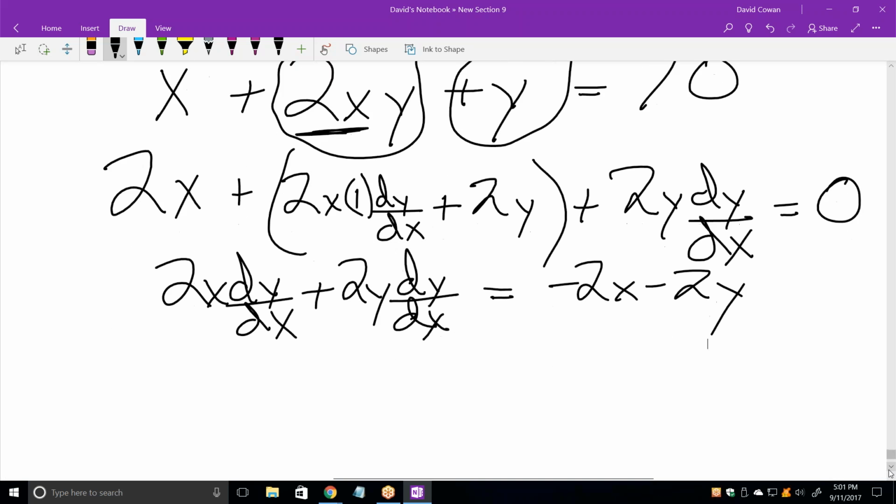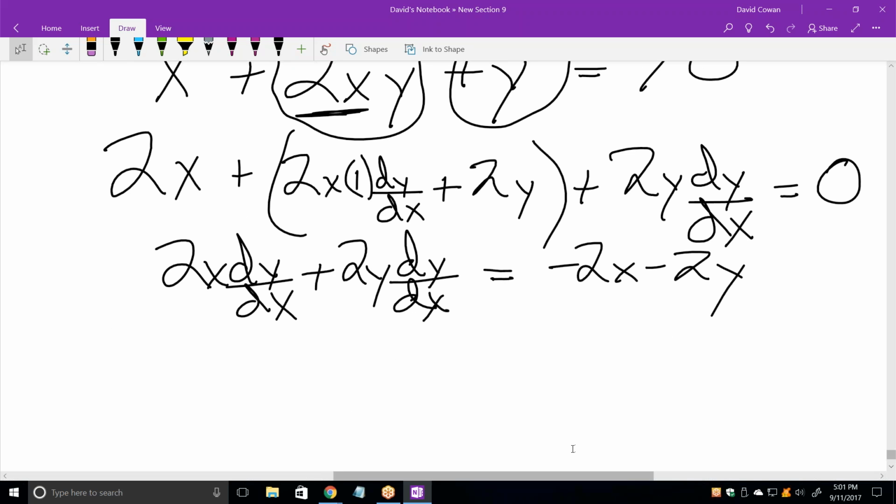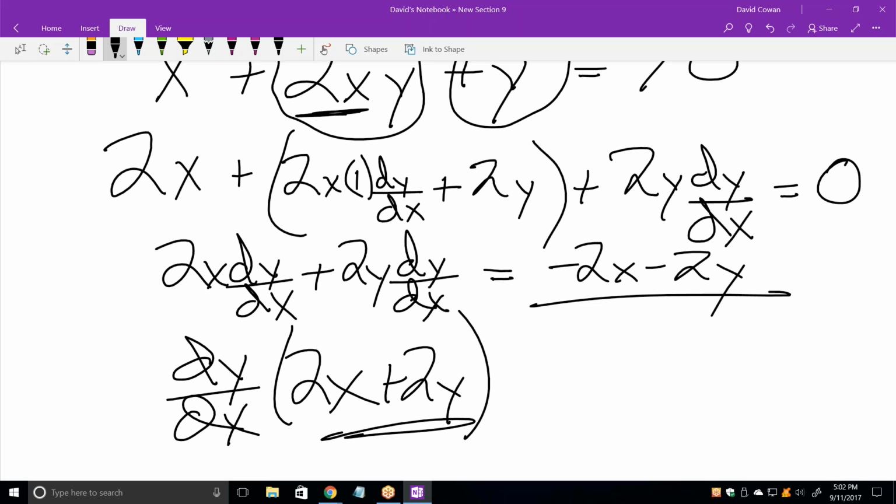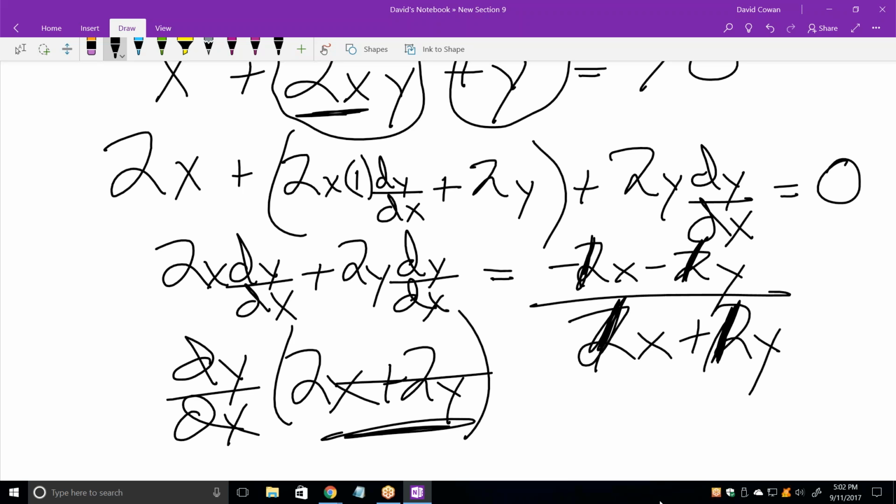So you end up with dy/dx times 2x plus 2y, that's the left side of the equation, equals the right side of the equation. Now I'm going to divide both sides by that, and get 2x plus 2y. Can divide top and bottom by 2. There's your derivative. That's what dy/dx is.